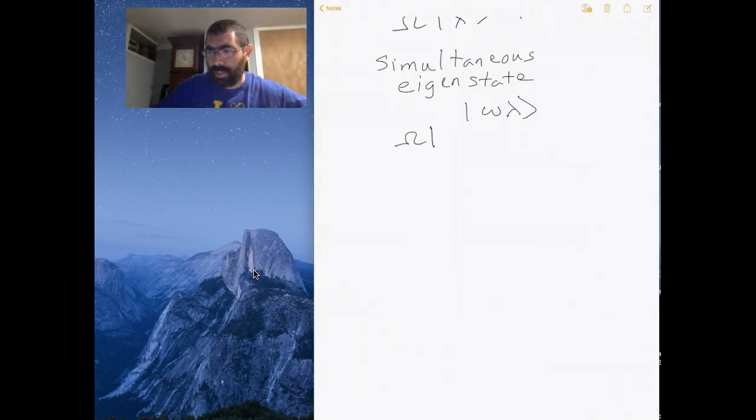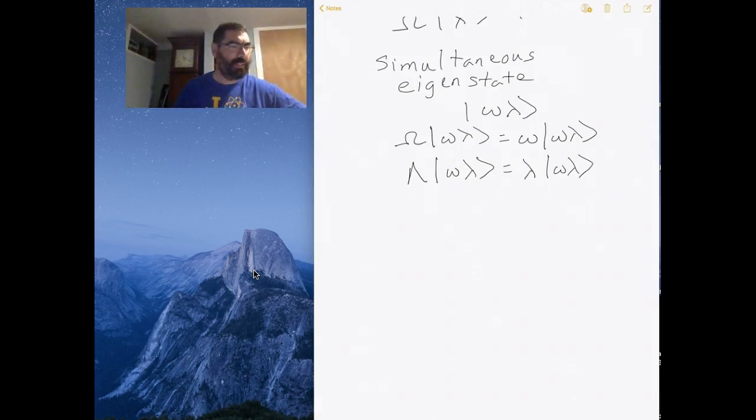Omega operating on omega lambda gives me the eigenvalue omega and then the state back again, or lambda operating on omega lambda gives me the eigenvalue lambda times the state back again.